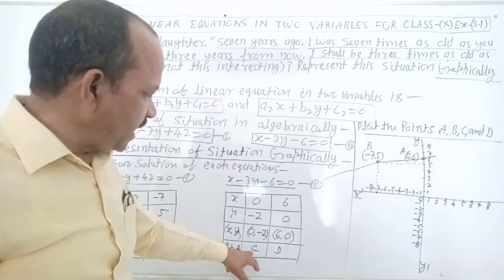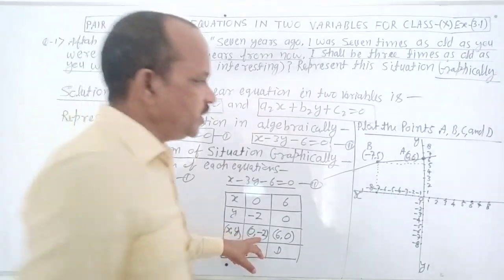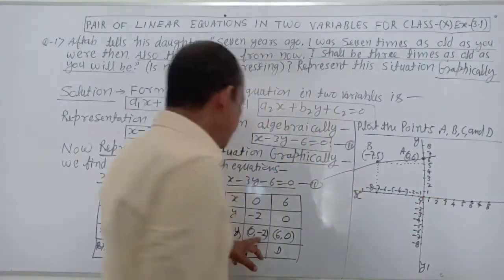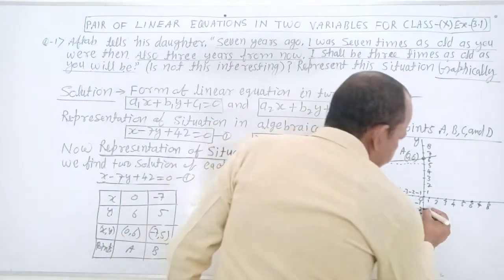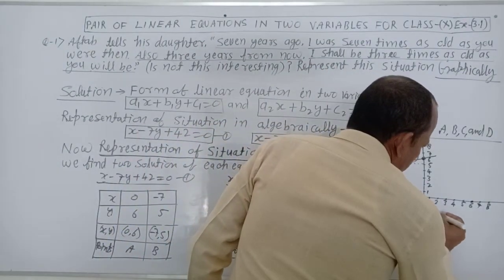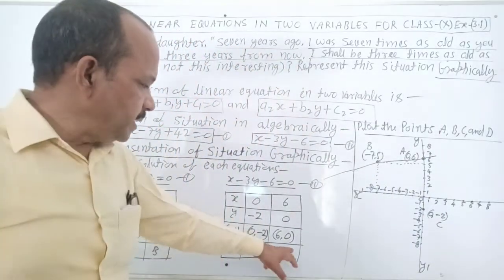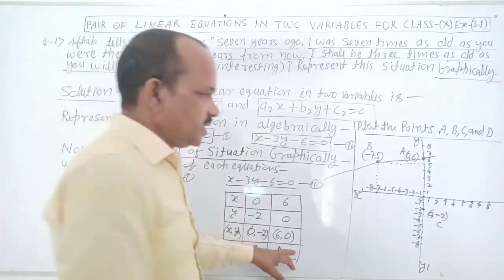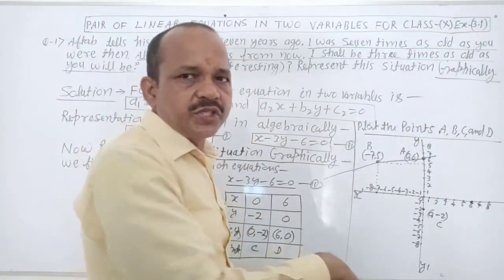Now you plot point C and point D. Here see 0 and -2. 0 means at origin. -2 means this direction. Here 0 and -2. Point C. D is 6 and 0. 6 means this direction. 6 and 0 at origin.